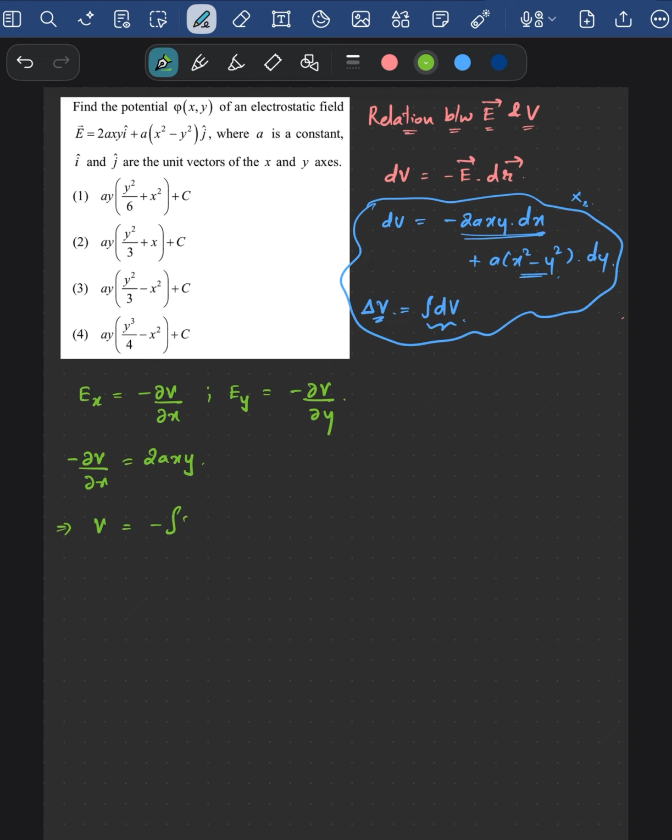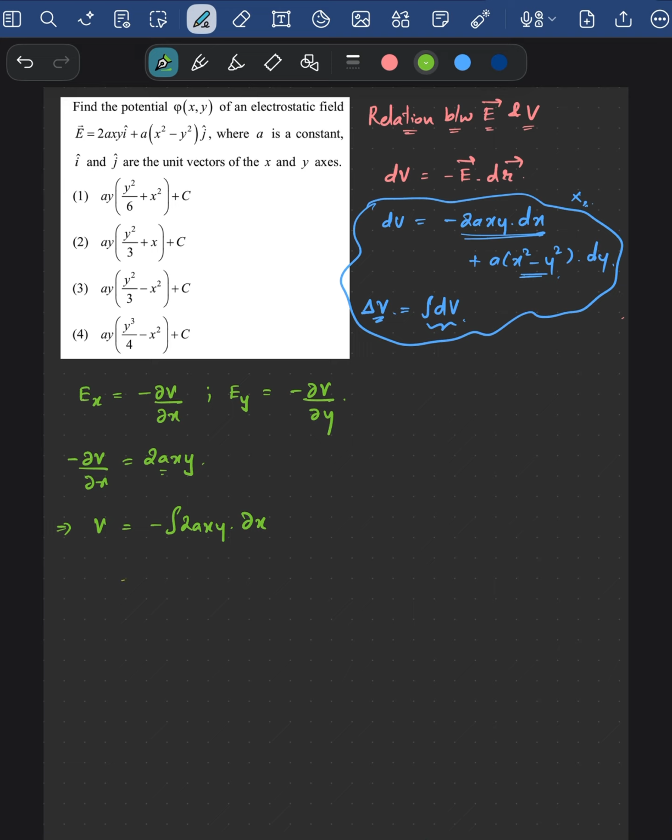It will be equal to minus 2axy dou x, indicating that now I just need to integrate this with respect to x, keeping a and y constants, keeping all terms of y constants as well, because we got this by partially differentiating V with respect to x. So when I'm integrating it, I'll have to keep all terms of y constant and integrate with respect to x only.